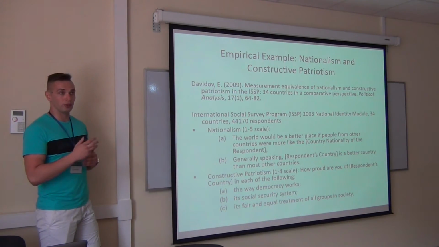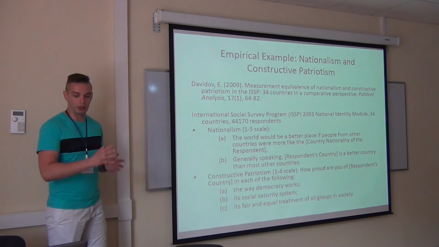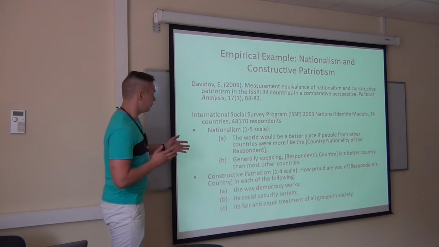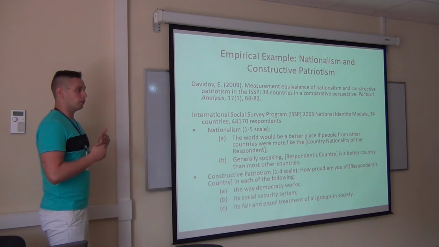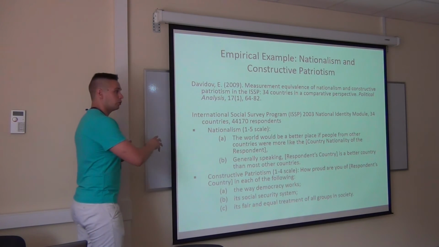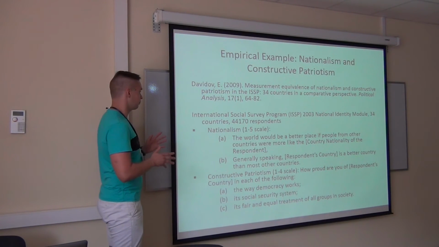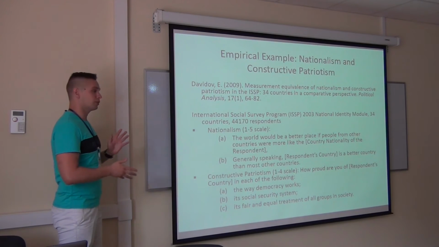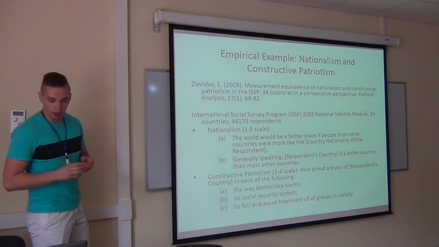And another: generally speaking, the respondent's country is a better country than most other countries. So evidently these 2 items involve some negative comparisons between the respondent's country and other countries, so we can call the latent variable related to these 2 items nationalism, or aggressive nationalism, the aggressive component of national identity.